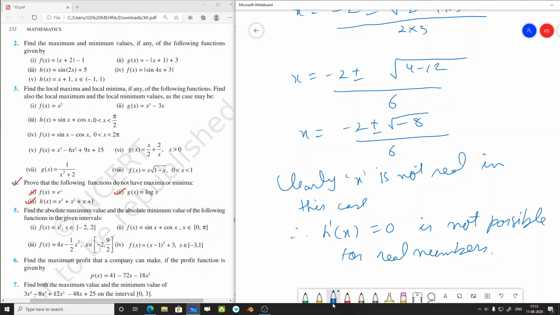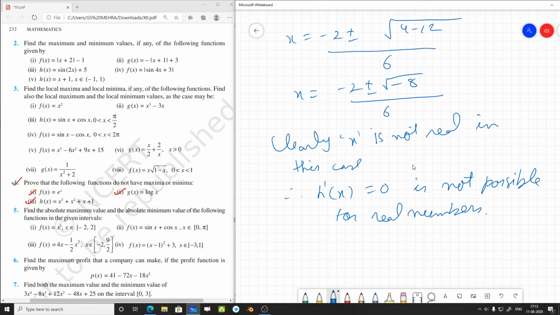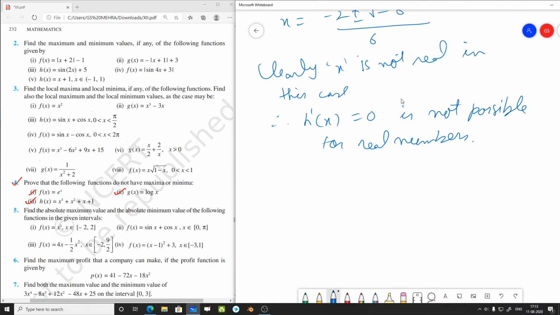So since h dash x equal to 0 is not possible, that means h(x) has no maxima or minima. So that is what we'll write here. Therefore h(x) has no maxima or minima.